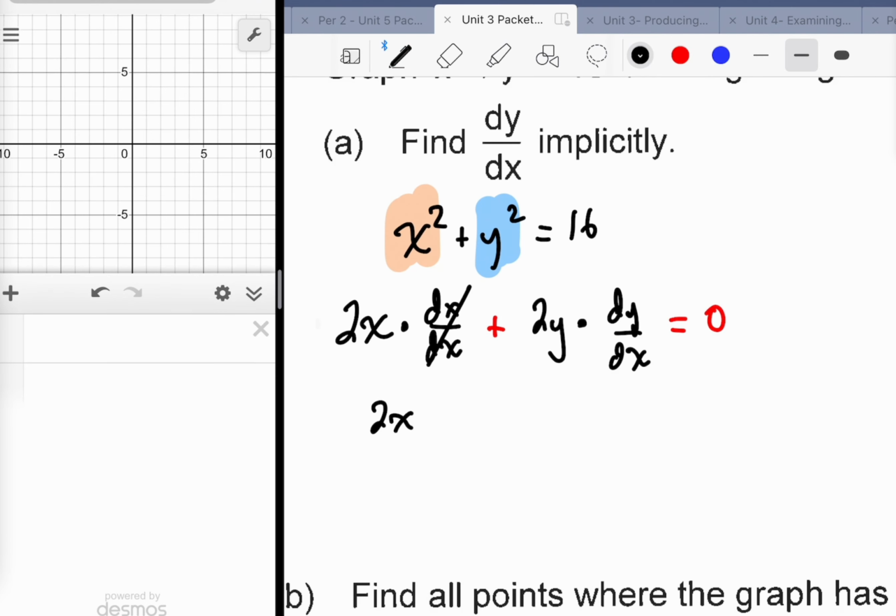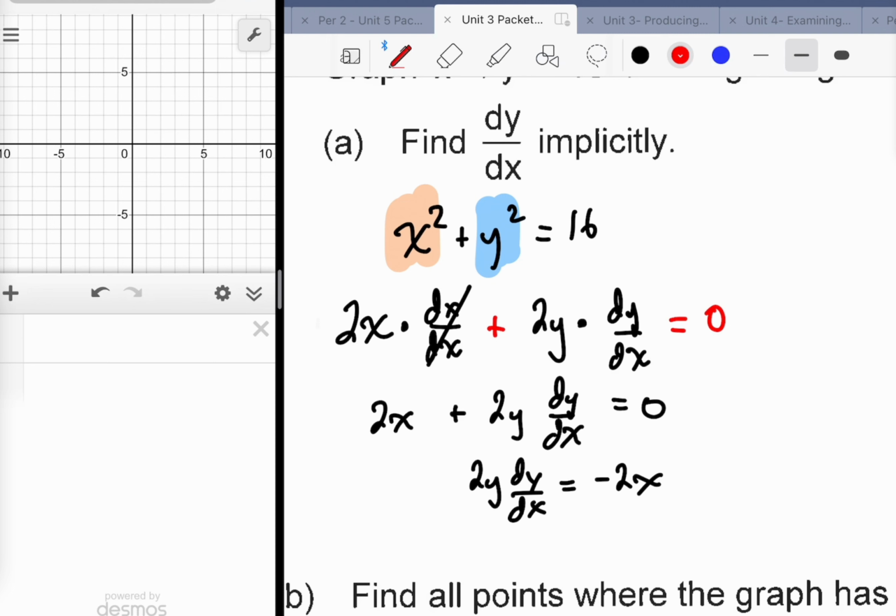We'll be looking at 2x plus 2y dy/dx is equal to 0. I'm just going to solve for dy/dx now. So I'm going to subtract the 2x from both sides, and then multiply both sides by 1 over 2y, or just divide both sides by 2y.